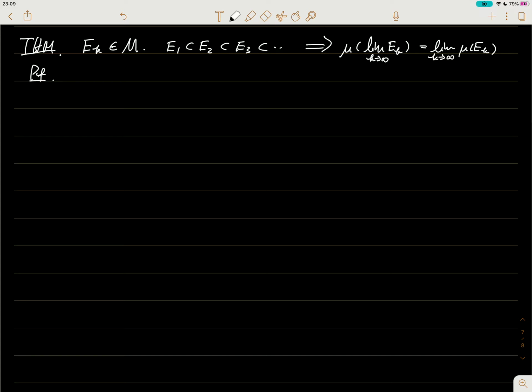Okay, next we show a useful property of the Lebesgue measures. Suppose we have a sequence of measurable sets, and they are non-decreasing. Then the measure of this limit is also equal to the limit of the individual measures.